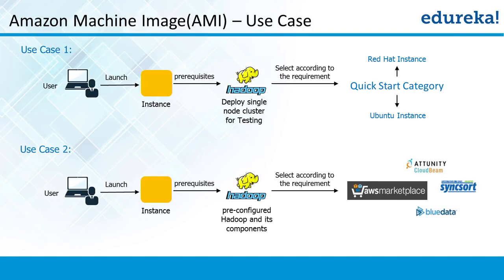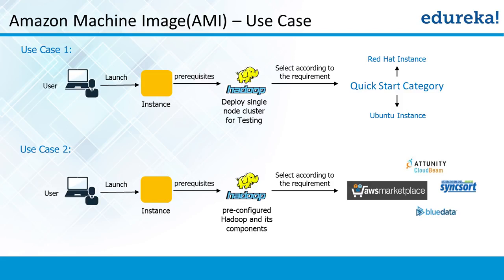So that's basically AMI, and here are some examples. Let's say you want to use Hadoop. Then all you have to do is select the AMI which has this Hadoop software on it.